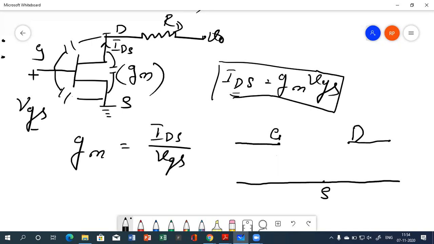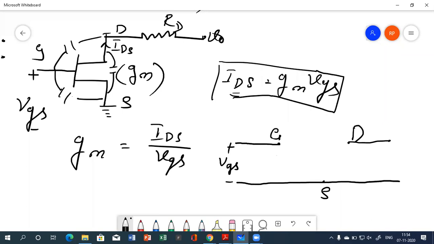Now look at the symbol here. In the symbol, between the gate and source, what is the voltage applied? VGS. So I will write here, between the gate and source, the voltage applied is VGS. What I am doing right now is replacing this symbol by its equivalent circuit. The equivalent circuit contains the components which actually act as a JFET. I am replacing the symbol by its equivalent small signal circuit.